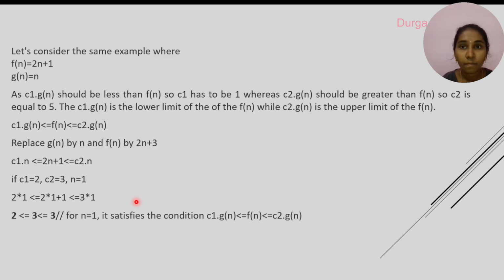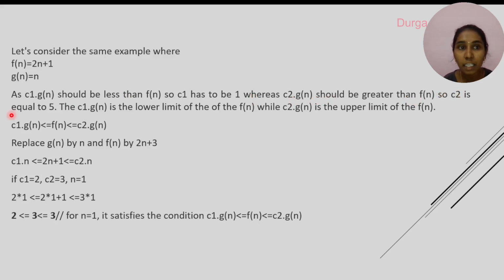Okay. See this example. We are taking f of n equals 2n plus 1, g of n equals n. So we have to prove this one: C1 g of n less than or equals to f of n less than or equals to C2 g of n. So C1 g of n should be less than f of n, and C1 has to be 1, whereas C2 g of n should be greater than f of n.